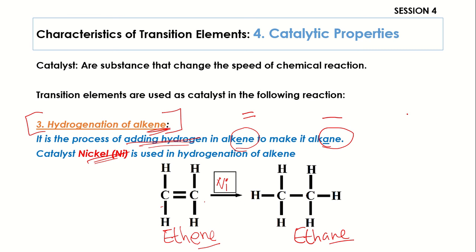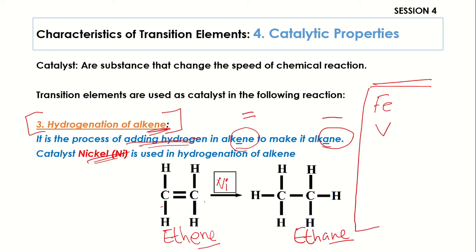By now we have learnt 3 examples of transition elements used as catalysts. The first one, to recall, is iron. Iron is used as a catalyst in preparing ammonia.